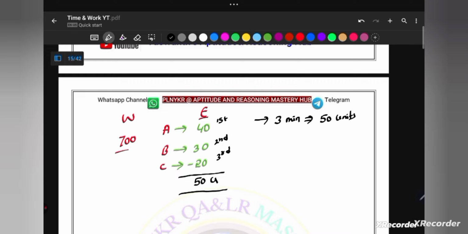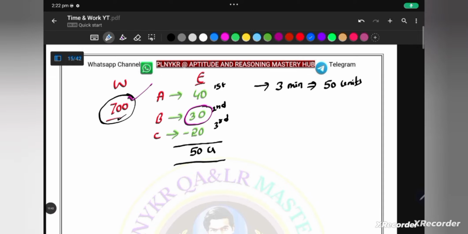But what is our task? To complete the 700 units. I'll be taking the multiple of 50 which is nearest to 700. It will be 650 units. For completing 650 units, how much time does it take?